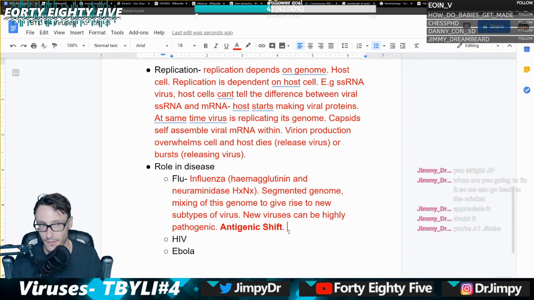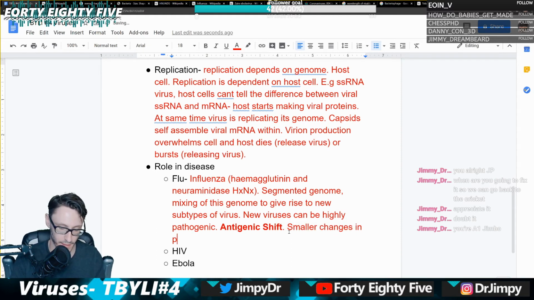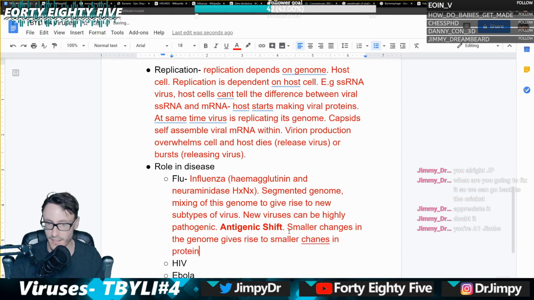That gives rise to smaller changes in the genome, which gives rise to smaller changes in the proteins, especially the surface proteins, right?